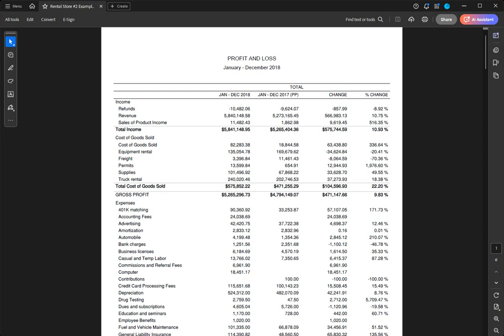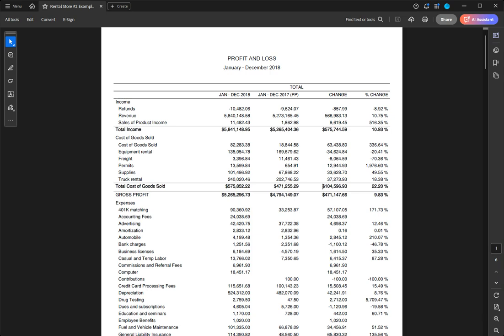So their cost of goods sold was 575,000 for 2018, and 2017 it was 471,000. So cost of goods sold went up by 105,000. Of the basically 575 more that we made in revenue, we had costs that went up, not as fast, but costs that went up as well, right? So that number comes down.